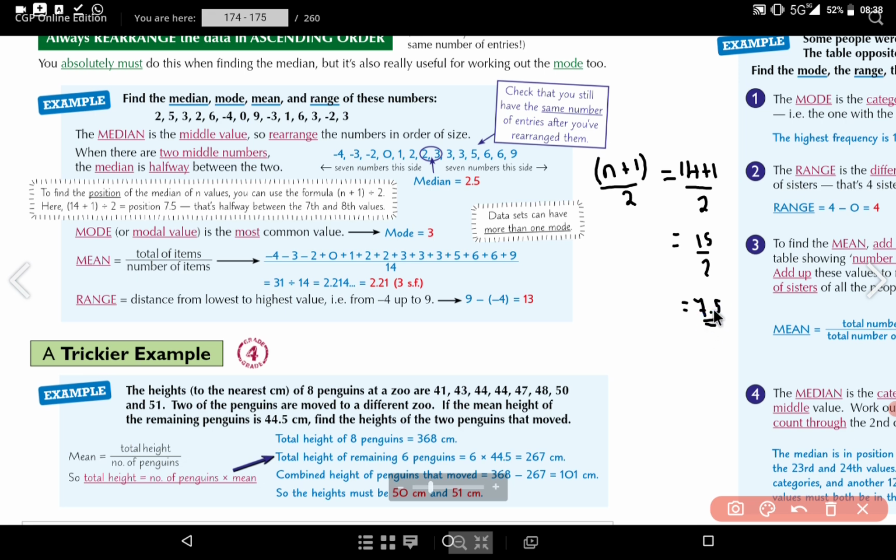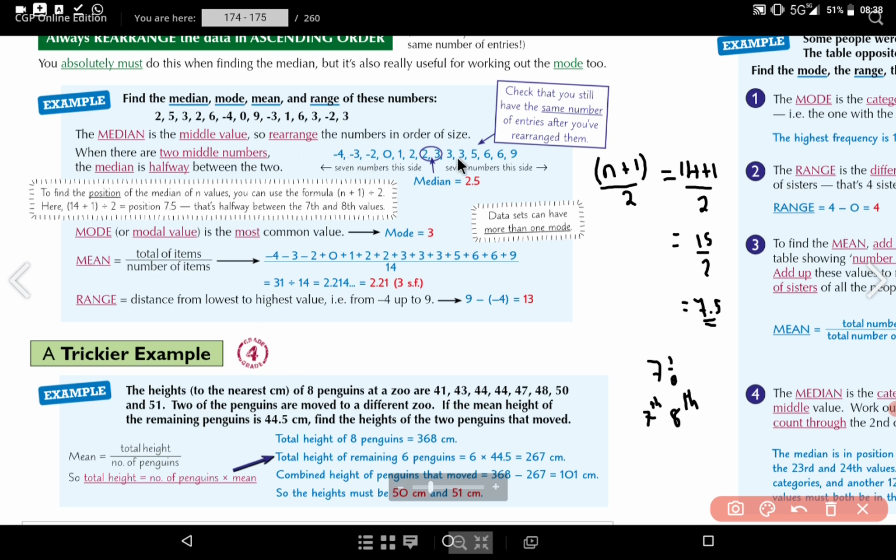So this tells us that the position of the median is actually 7.5. This means that it's between 7 and 8. It's between the 7th and the 8th position. That is where the median is.